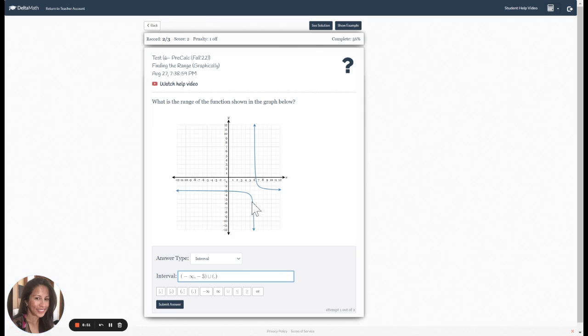After I jumped over this y equals -3 line, I continued graphing from -3 all the way to the top, which is infinity. So from negative infinity up to -3, and then I'm skipping -3, so to speak, and I start over on the other side of -3 and keep going all the way to positive infinity.